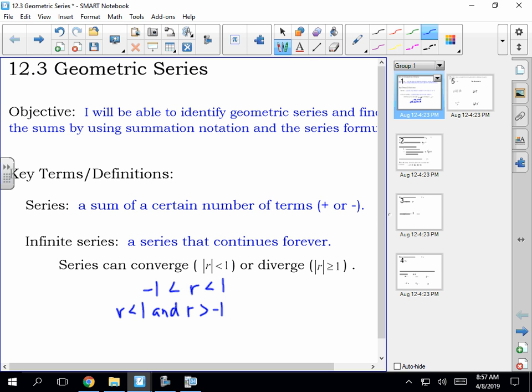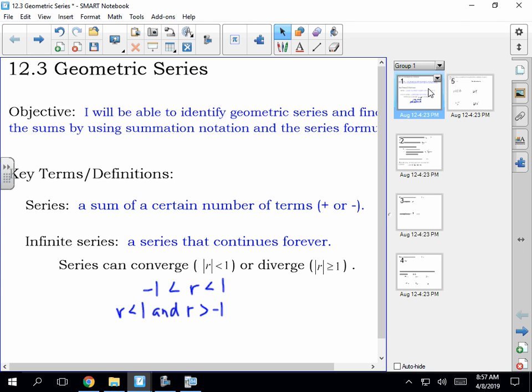Remember you flip and change the sign? Remember that with absolute value? So that's what that's saying. So in words, r has to be between -1 and 1. So it's like a fraction between -1 and 1. And if that's the case, then when you add up the terms generated by that r, they actually have a finite sum. Okay. All right, so I'll show you what I mean.